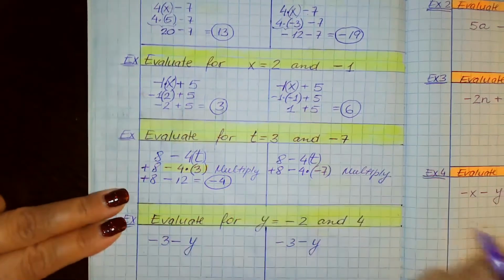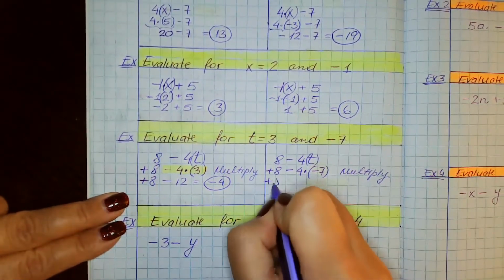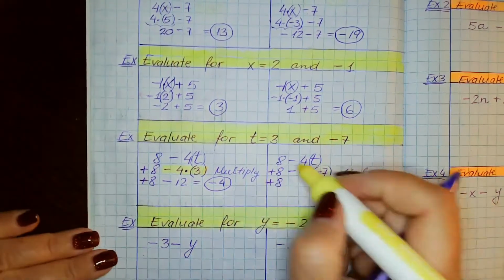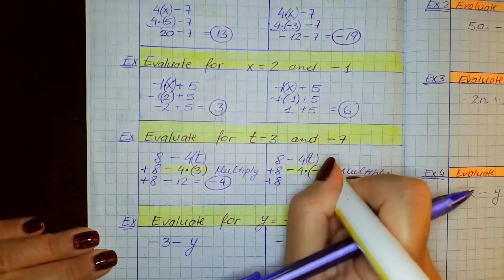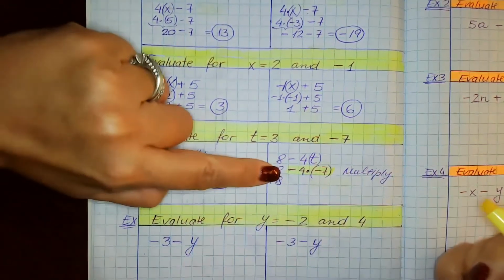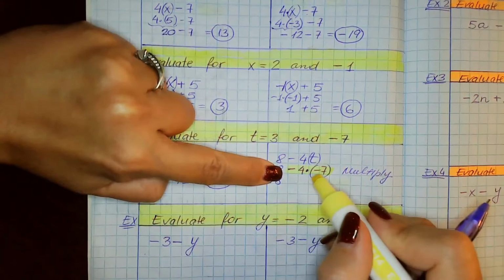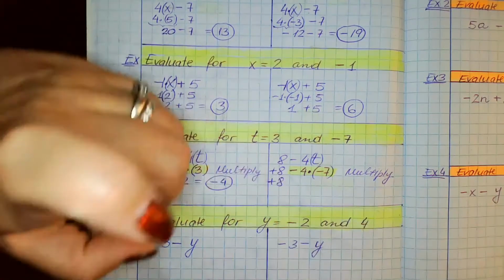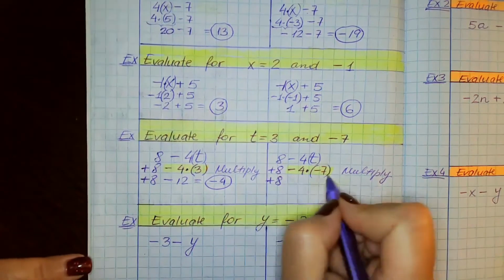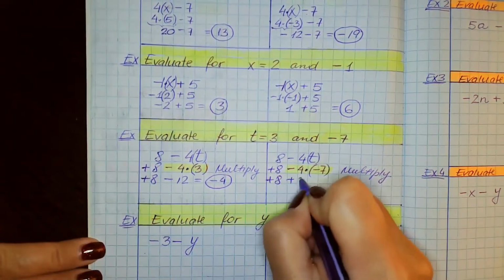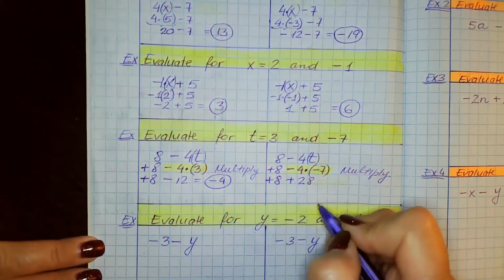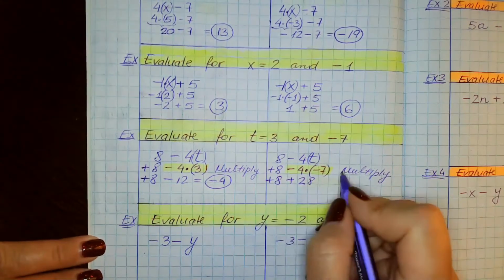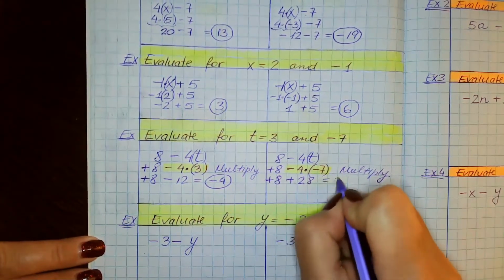So when you multiply, leave that positive 8 alone, and when you multiply the two numbers, if I covered 8, I see negative 4 and negative 7 being multiplied. So multiply the signs right away. Negative times negative is positive 28. 8 plus 28, both positives, add, 36.